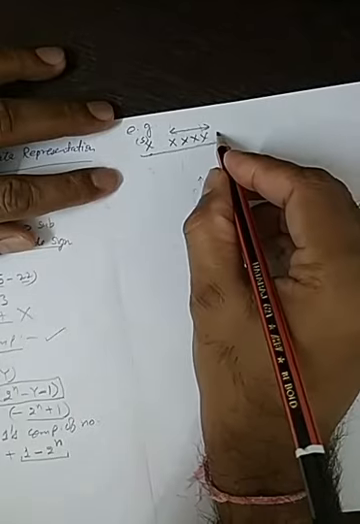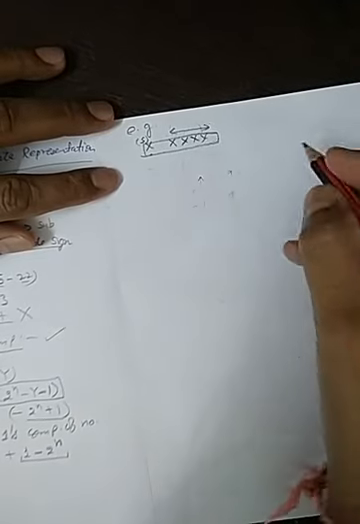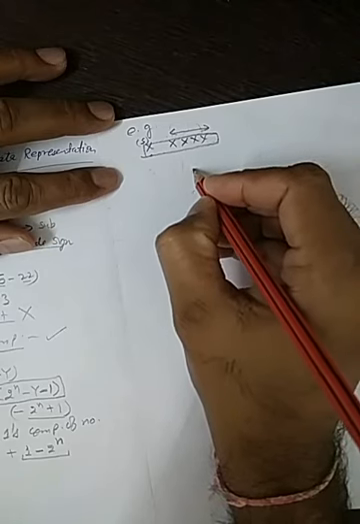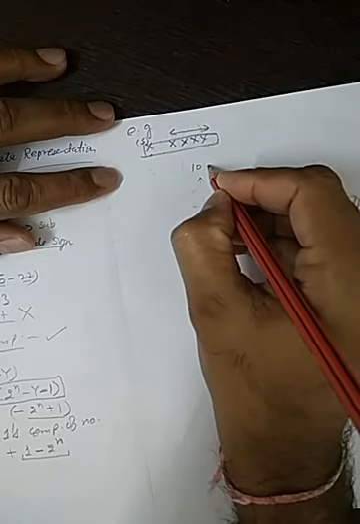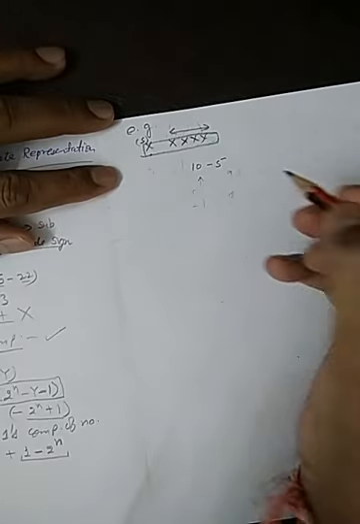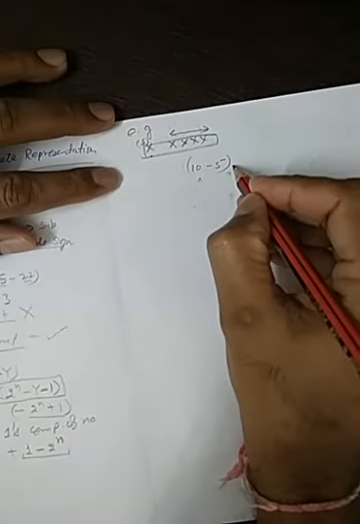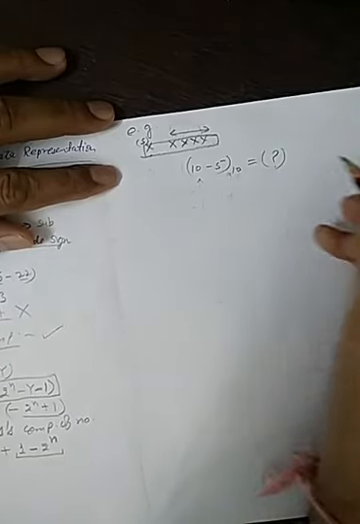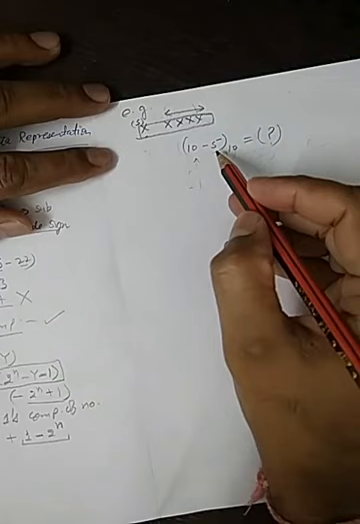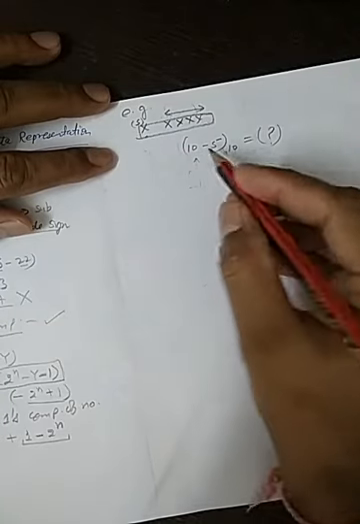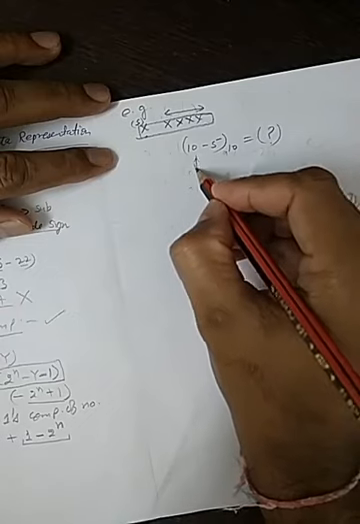So my representation contains total 5 bits, and I have to perform the operation 10 minus 5. And I have to find out the answer in machine. Machine means I have to use binary number instead of decimal number system.